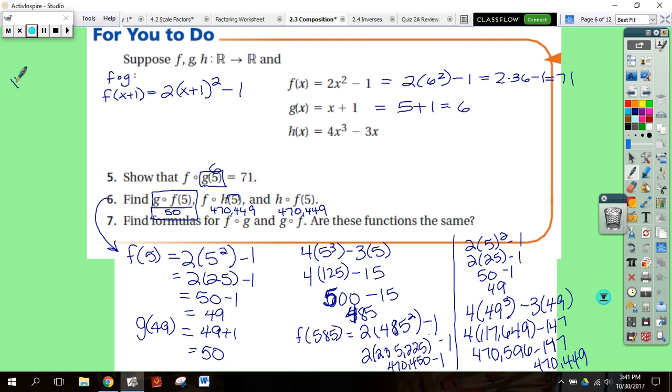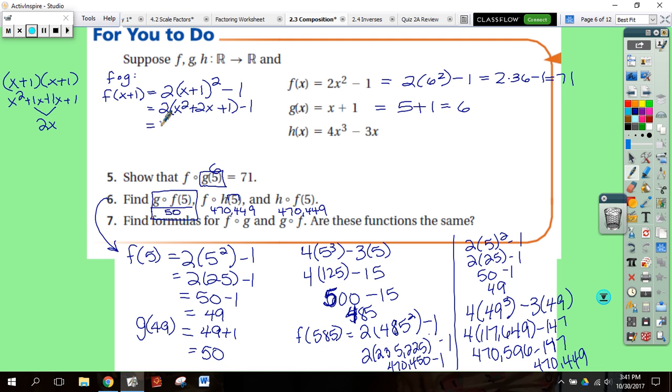So x plus 1 squared, remember, is x plus 1 times x plus 1. So x times x is x squared, x times 1 is 1x, 1 times x is 1x, and 1 times 1 is 1. So this part would be 2 times x squared plus 2x, because I've got to combine my like terms here, plus 1 minus 1.